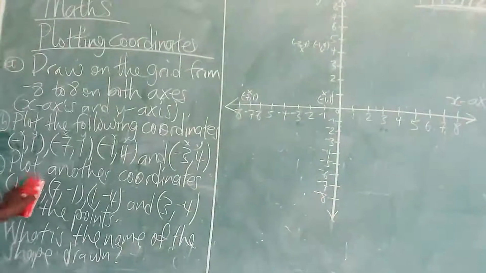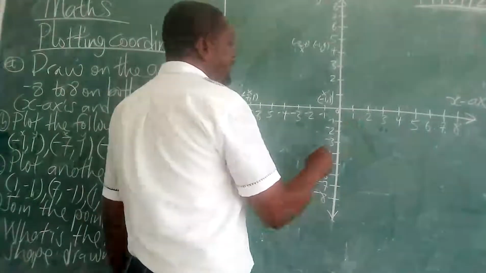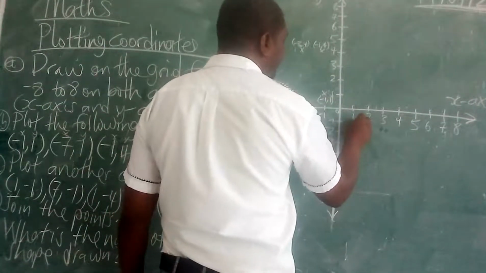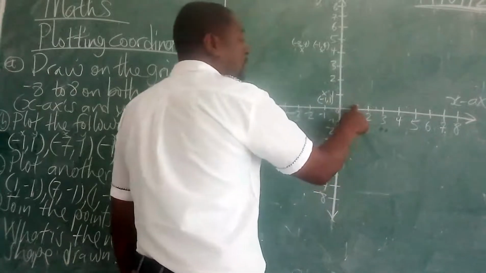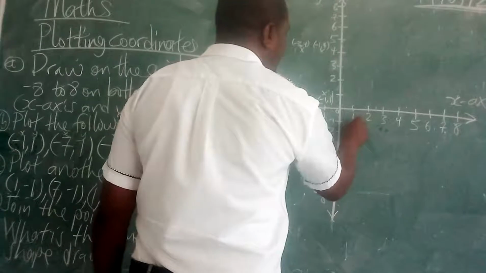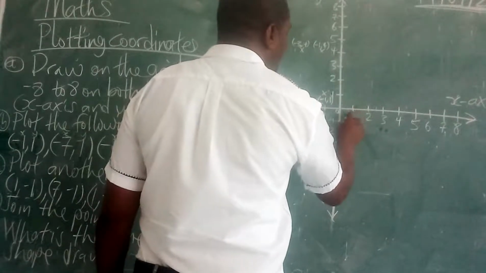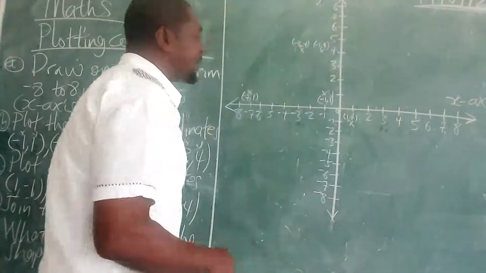Sorry, this one is -1. So it's (+1, -1). So they will meet here. +1 on the x-axis, and then -1 on the y-axis. So here, so we get (1, -1).